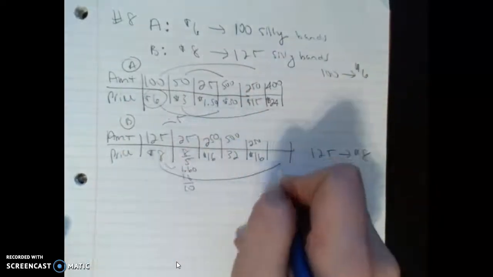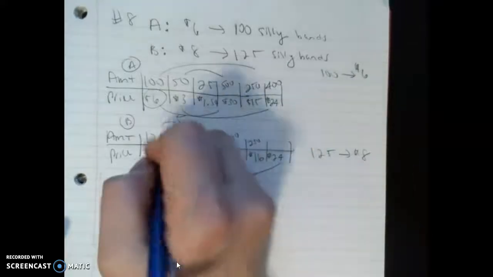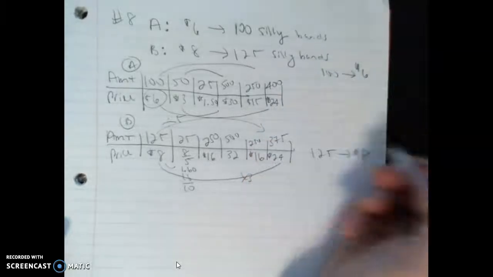And here, if I scale it by 3, I get $24. So kind of common denominator, common multiples, that idea. So scaled it by 3, so this 3 is 375. And again, you could do it in one of these tables too. Like you could say, okay, scale it to get that, and then maybe multiply by 10 to get 500 is $30. I mean, you could make kind of a long list here, but I'm just putting it in table form.